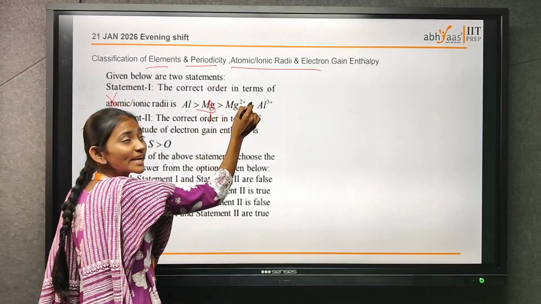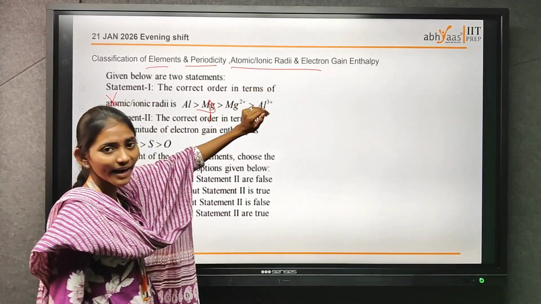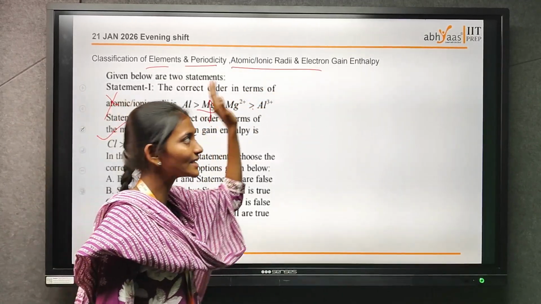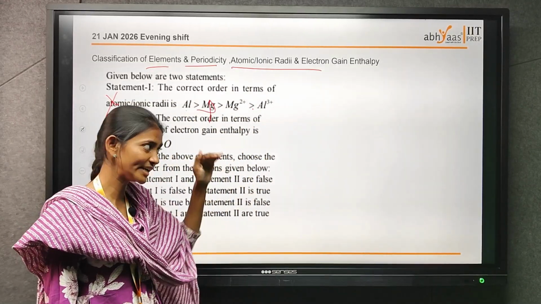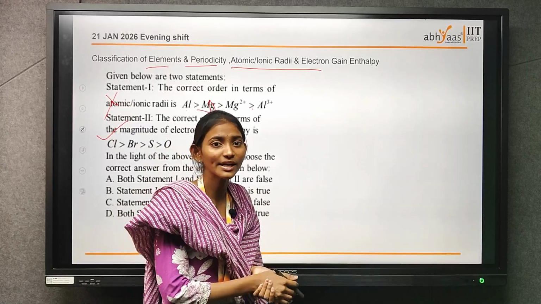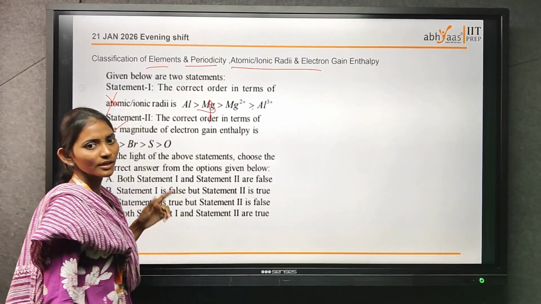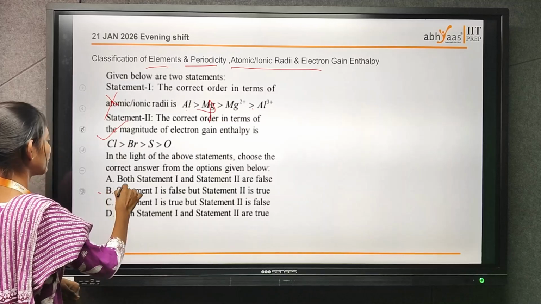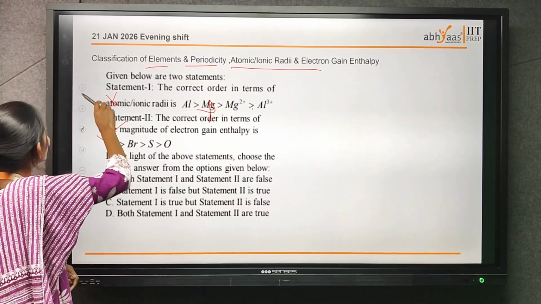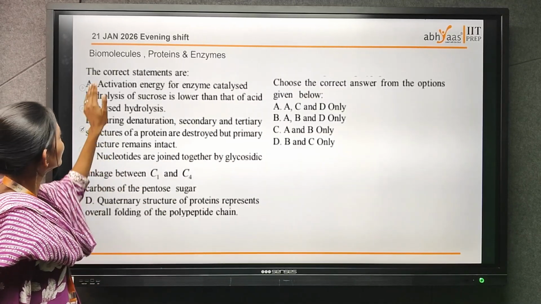Because it depends upon the nuclear charge effect and what, Nana? Electron affinity. Moving down the periodic table, electron affinity decreases. Moving across the period, electron affinity increases. Therefore, statement 1 will be false and statement 2 will be true. So option B, right?